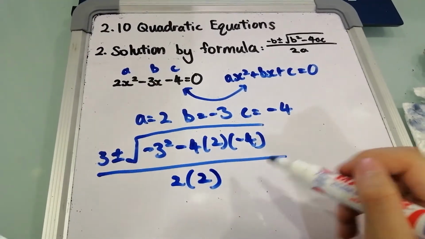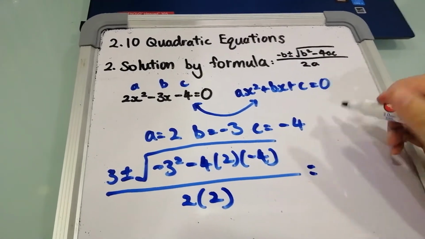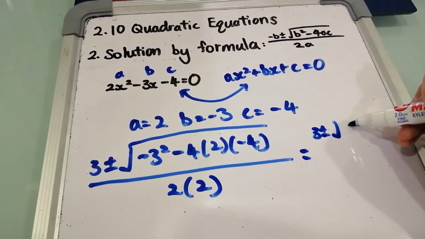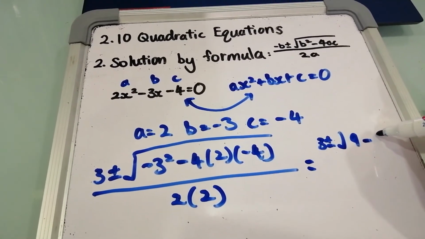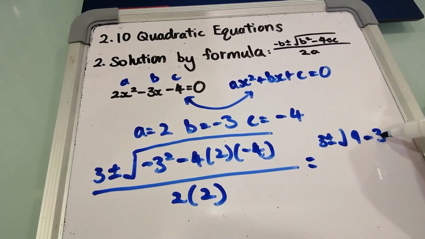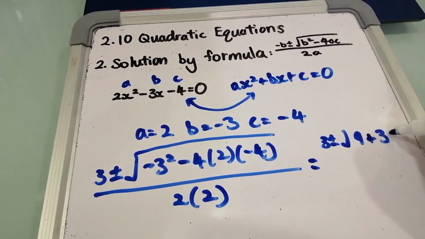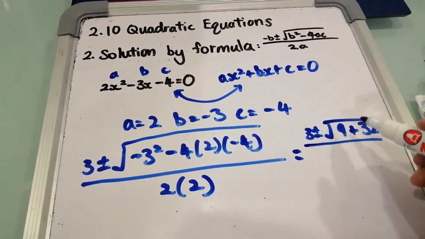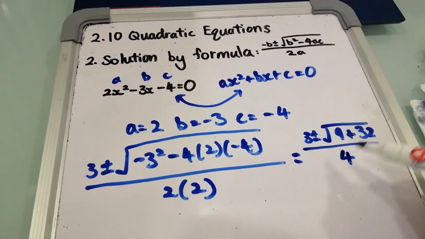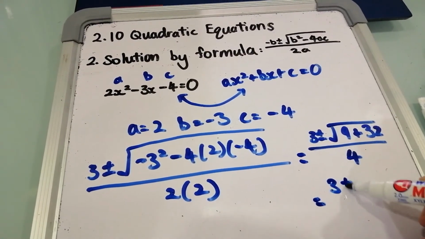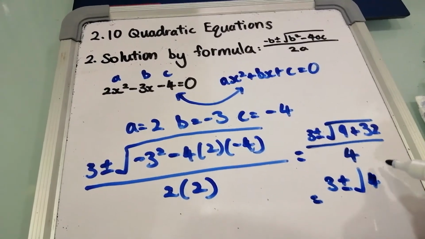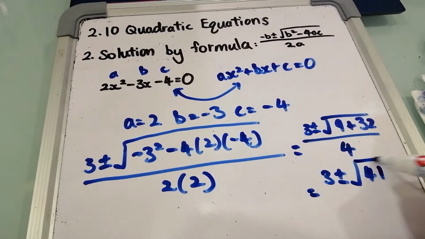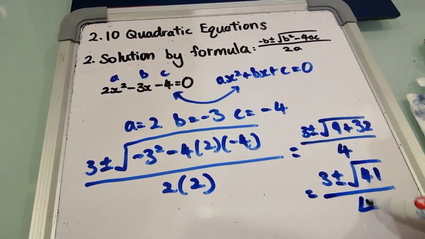2. So here we can solve: 3 plus minus the square root of 9 plus 32, over 4, which is 3 plus minus square root of 41 divided by 4.